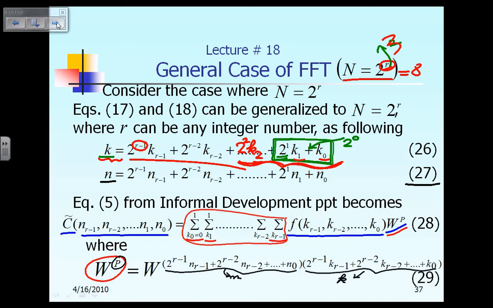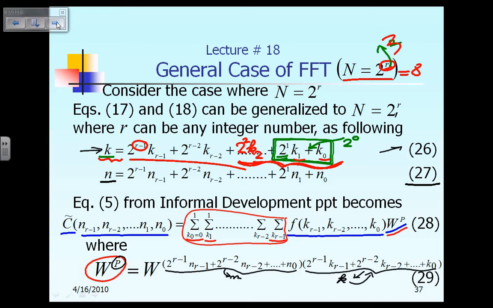Now, if you make use of the definition given in equation 26, that gives you the definition of k, and that's why the formula for k will be replaced by that parenthesis right there in equation 29.